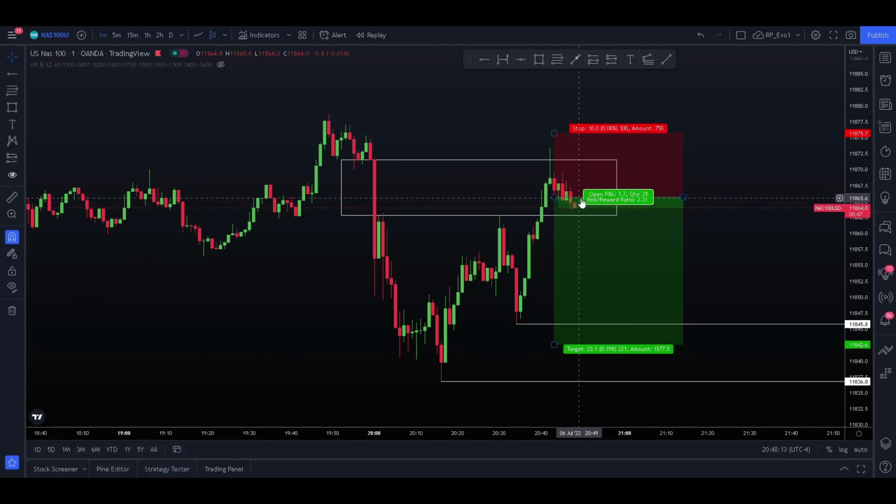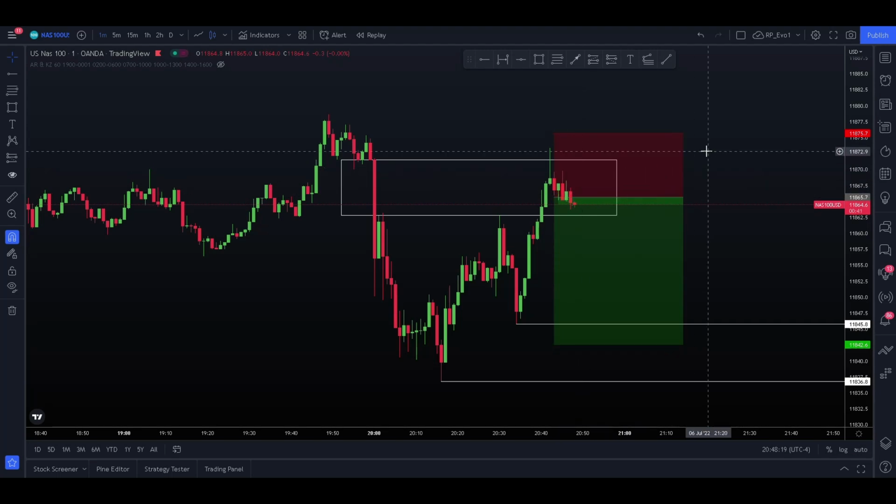We did have some drawdown, basically 5 points drawdown, a little bit less. Not even 5 points, so that's good.